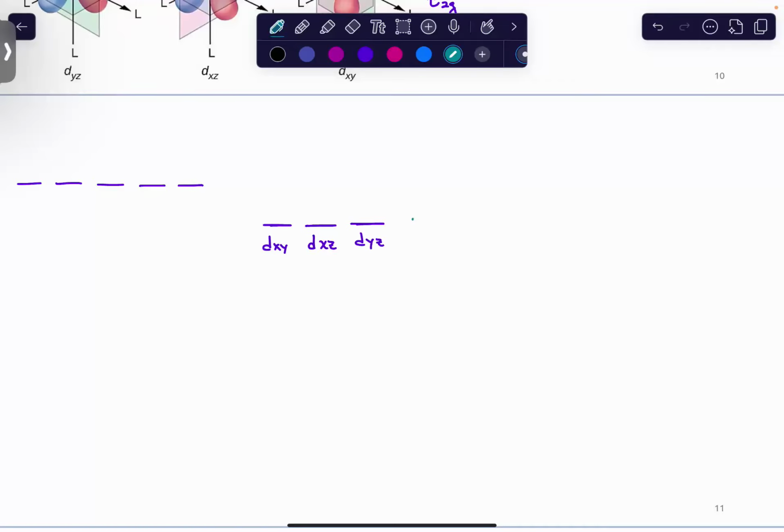Okay, T2G level. And then of course up here, dz squared, dx squared minus y squared, and this will be my EG level. And then my centroid is going to go right through here.